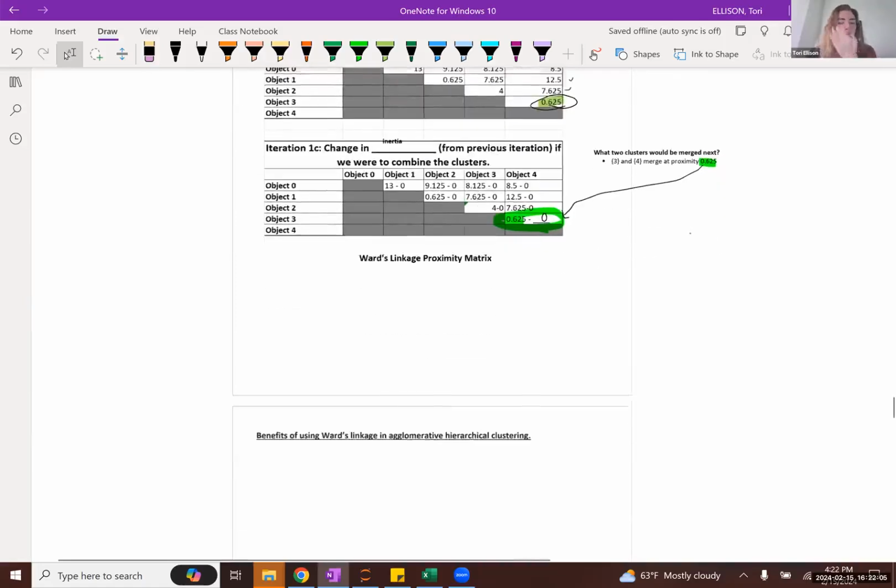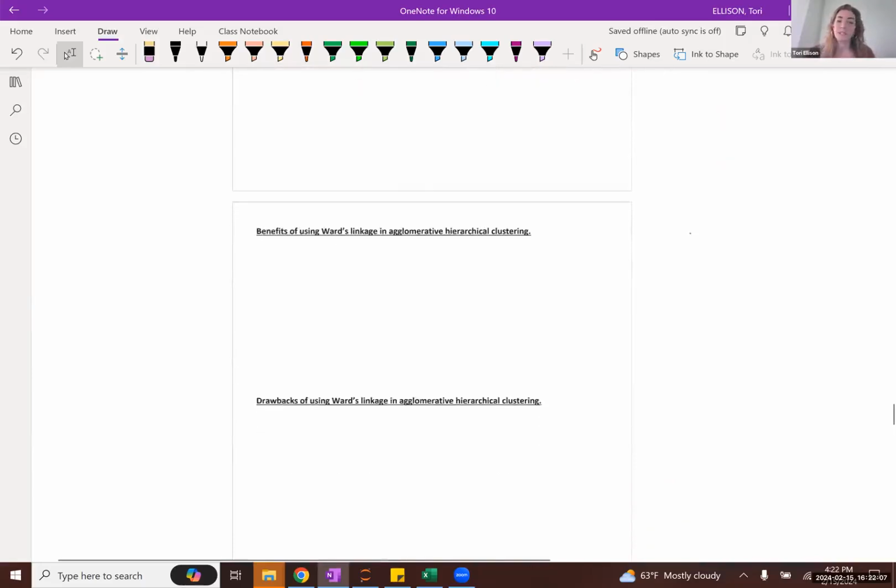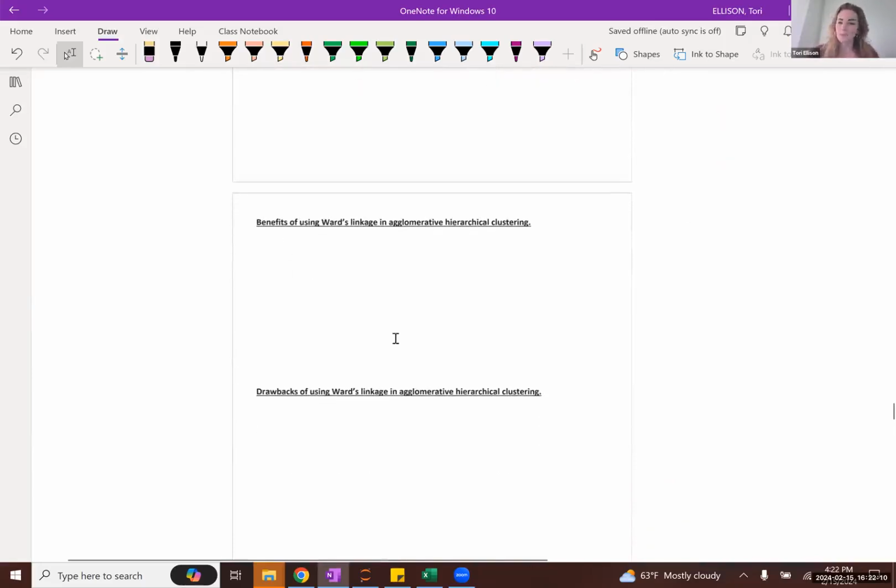Okay. So a quick benefit of using Ward's linkage is that it tends to be effective at identifying spherical clusters. But the downside, and maybe you can anticipate this, is that we're using the same objective function that we used in k-means.